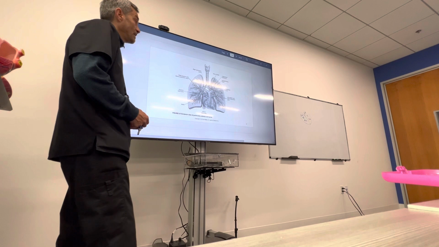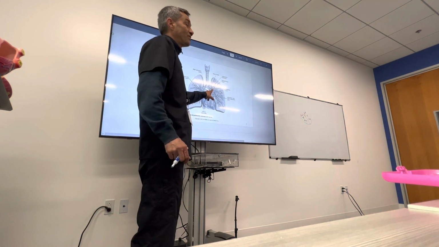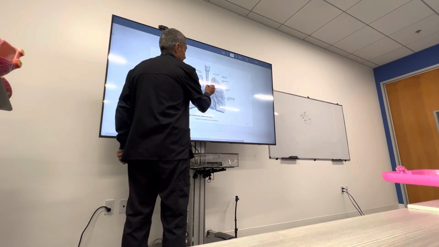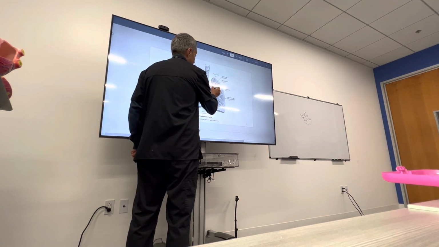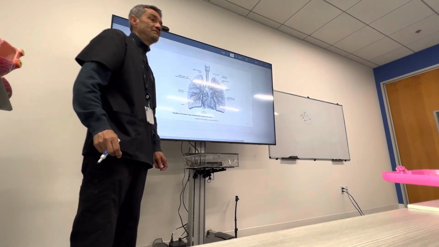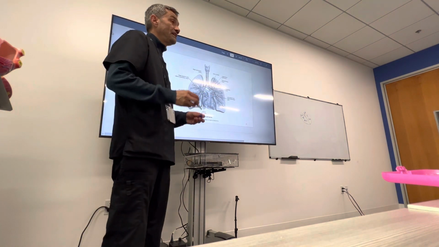Make sense? And of course, all of the above are identified where? Anterior to the descending aorta. So this is the aortic arch, and the descending aorta is what? Behind all those three structures at the level of the hilum.